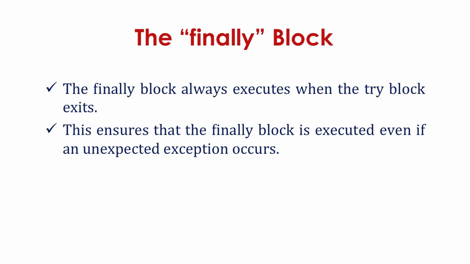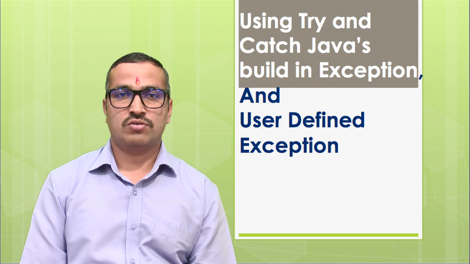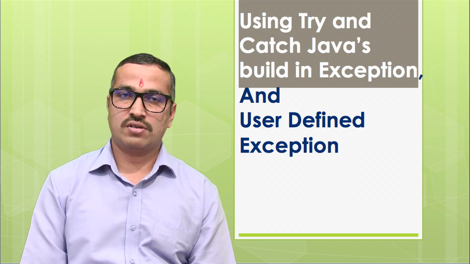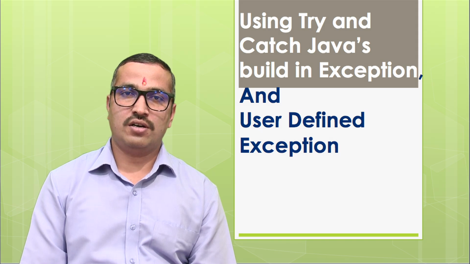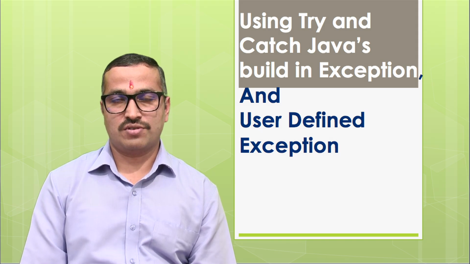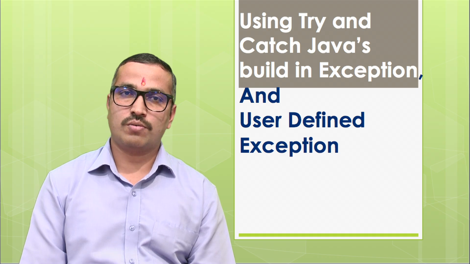The finally block, as I said, is optional, but once you have used try block, if finally block is there, it must execute. This ensures that the finally block is executed even if an unexpected exception occurs. So sometimes the finally block is used to handle unexpected exceptions. That is also the use of finally block.